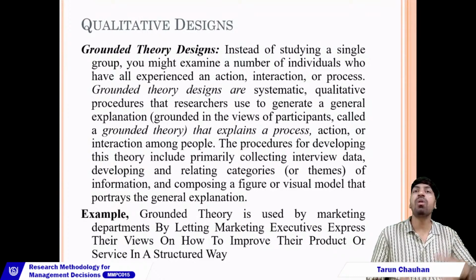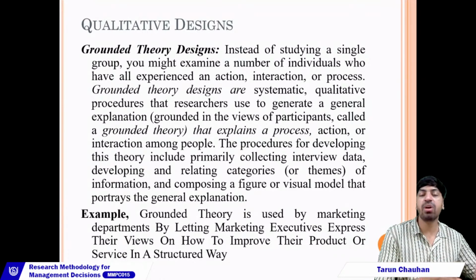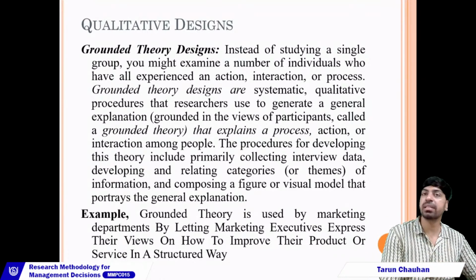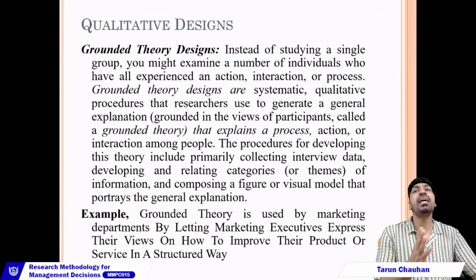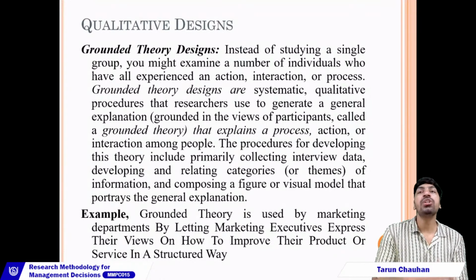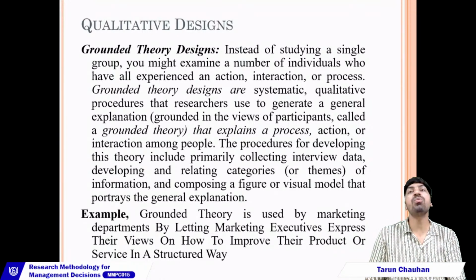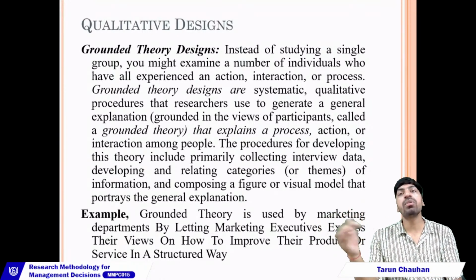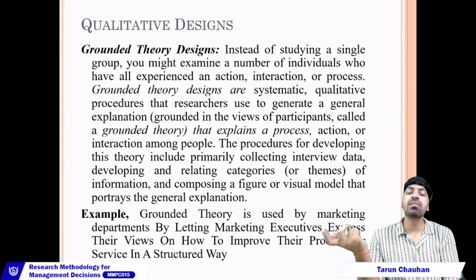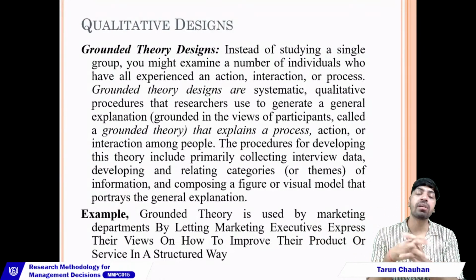The people who are already experienced, who are already working in the marketing department, are well efficient and sufficient to give their opinions and views to improve their product or service in a very structured or organized manner, and that's called the grounded theory design.